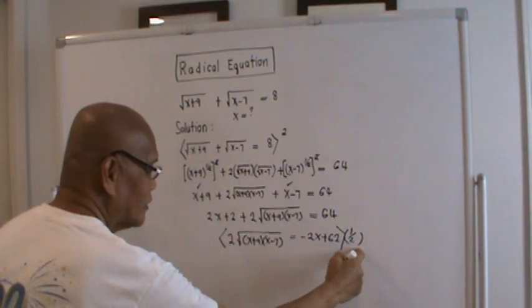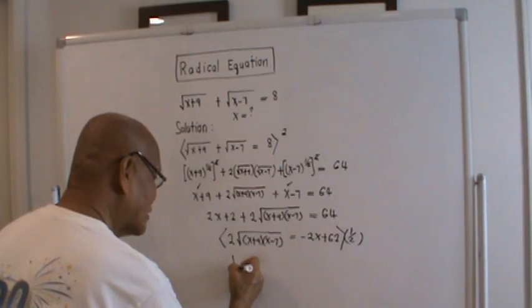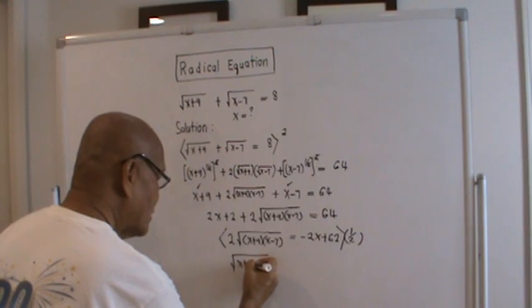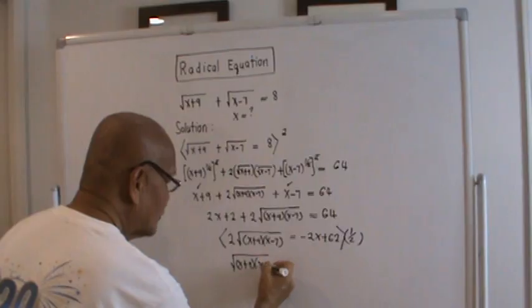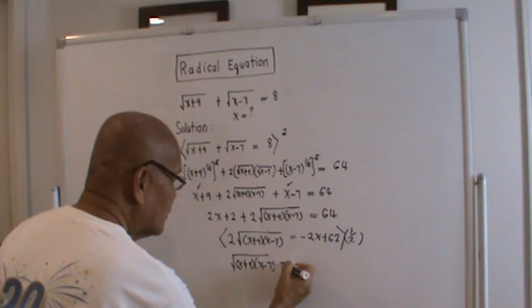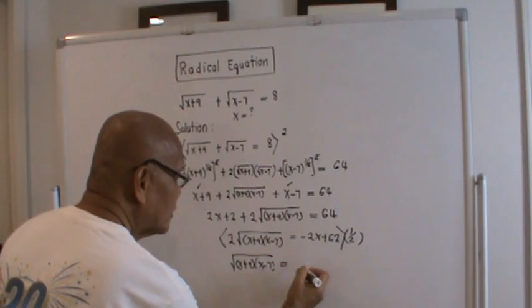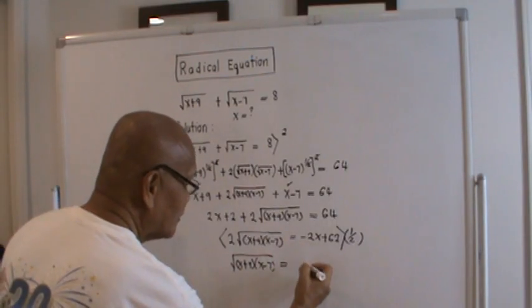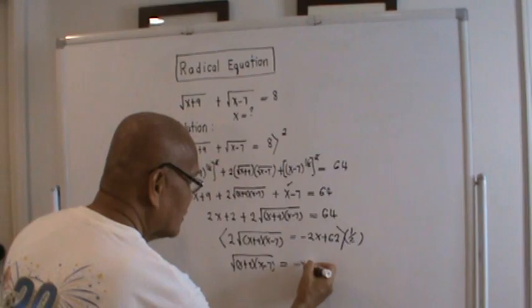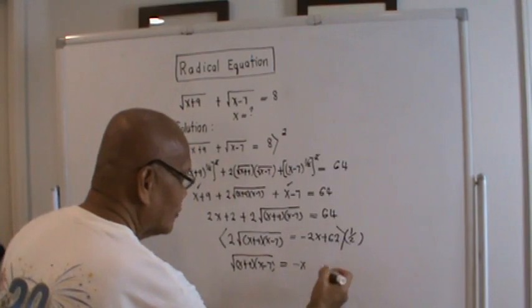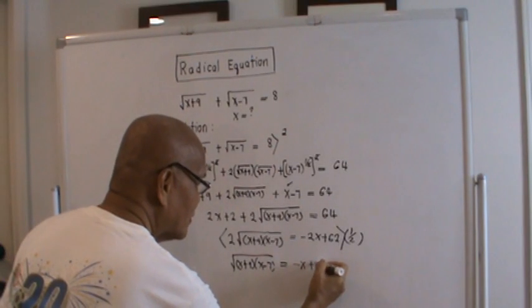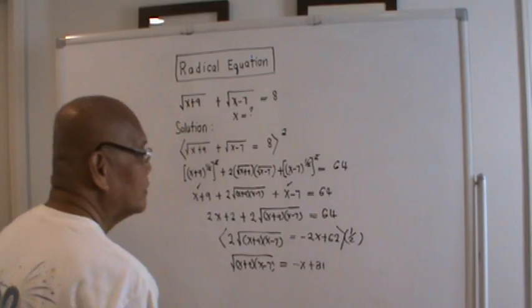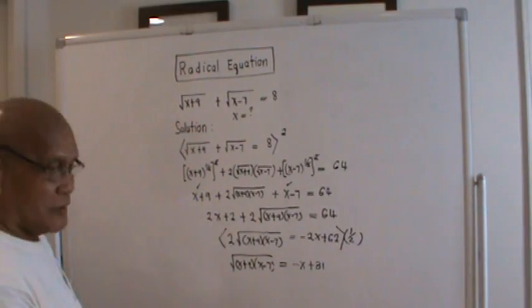So what will come out will just be simply the square root of x plus 9 times the square root of x minus 7, and this should be equal to minus 2x times 1/2, which is simply minus x, and 62 over 2 will be plus 31. Okay, could you see it, guys?